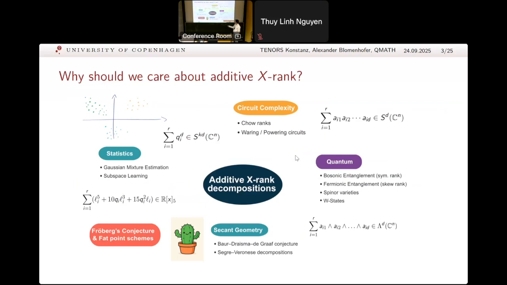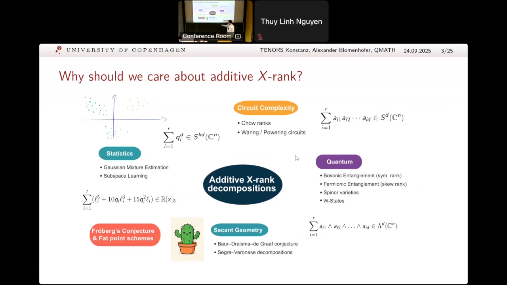For instance, in algebraic statistics, there are Gaussian mixtures, and if you want to estimate the parameters of a Gaussian mixture model from its moments, from samples, from data that somebody gives you, then you actually frequently have to solve some really weird problems. For instance, if you get samples that allow you to compute the degree 5 moments of a Gaussian mixture model, then you get a polynomial, a form, which has a decomposition like this.